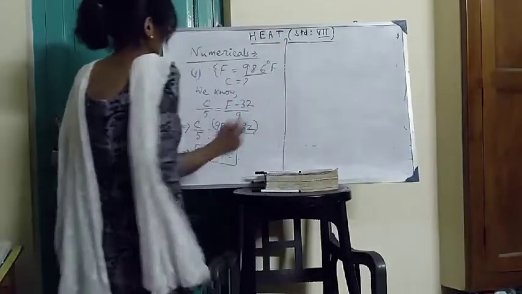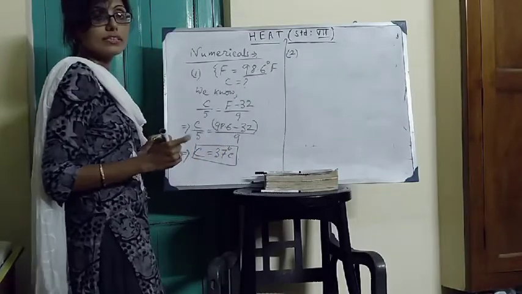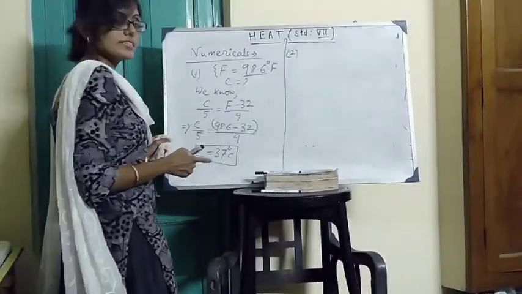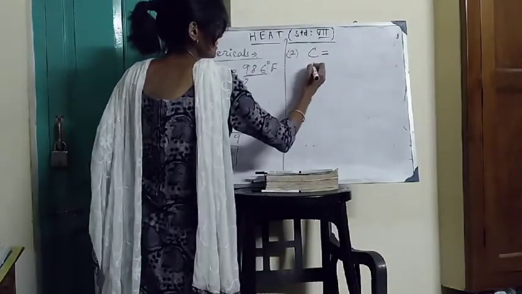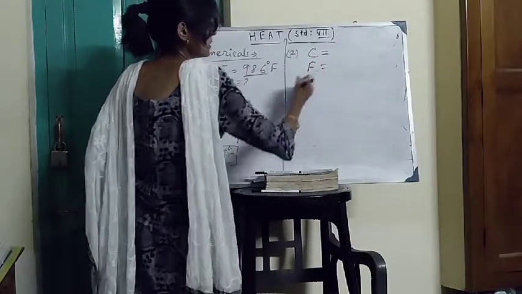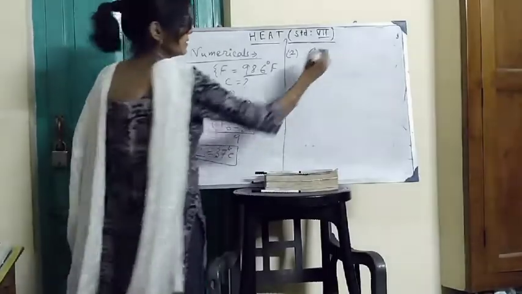Take another example, number 2. Find the temperature that is same in both Celsius and Fahrenheit scale. Same means in Celsius scale and in Fahrenheit scale, both the temperatures are same. We consider it as unknown variable x.